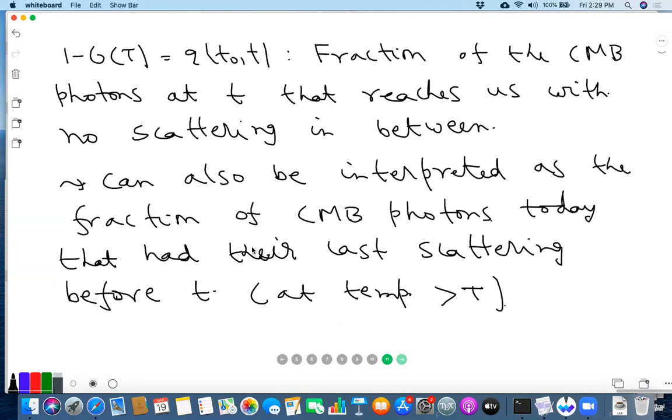Okay, so this is an alternative interpretation of what this Q tells us. Because this is the fraction of CMB photons at T that reaches us today with no scattering. So its last scattering must have been before time T.